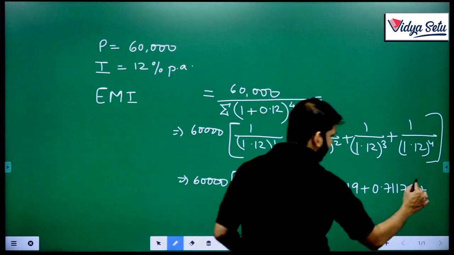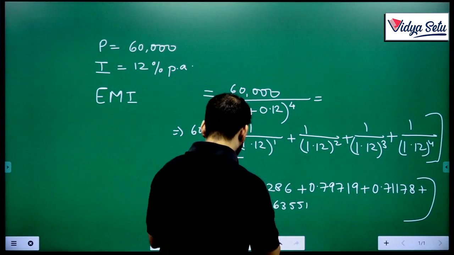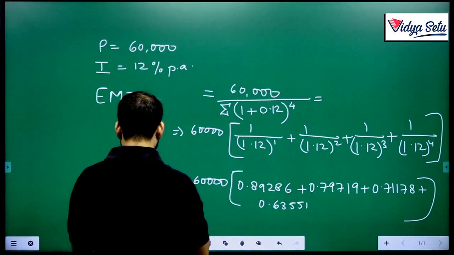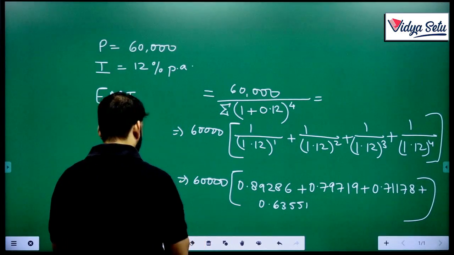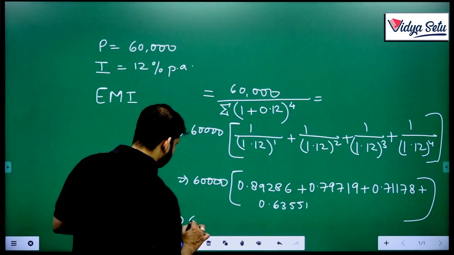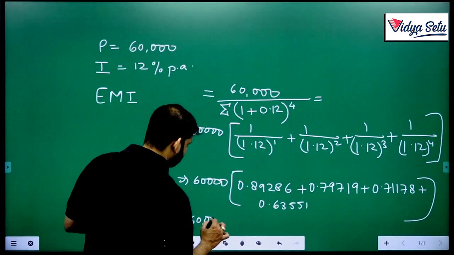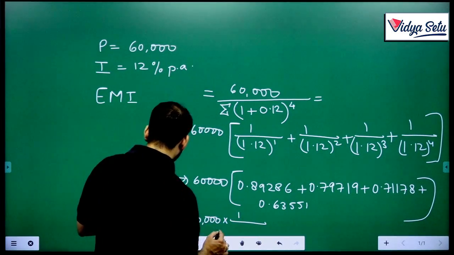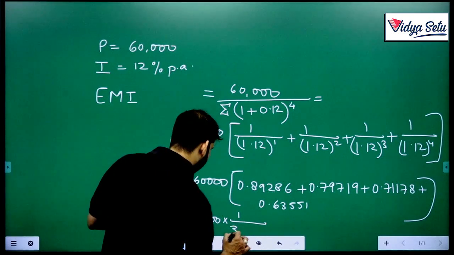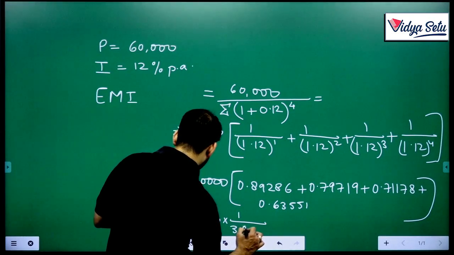Let's add all this. So it is coming as 60,000 multiplied by 1 upon 3.0373.